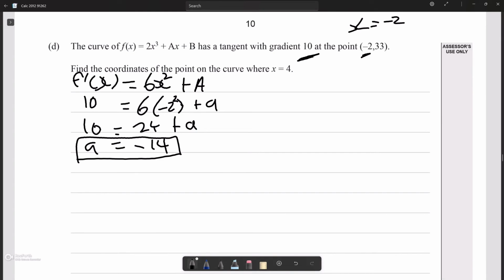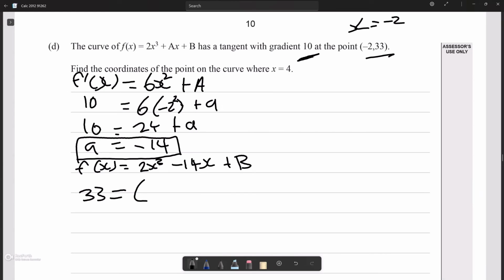So I can rewrite this as f of x is equal to 2x cubed minus 14x plus b. So I know that f of x passes through this point here.